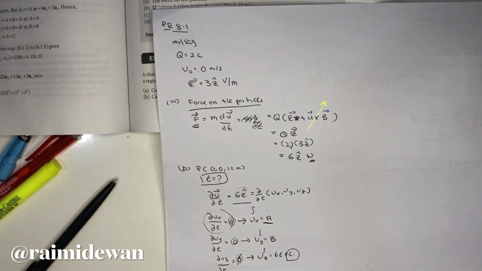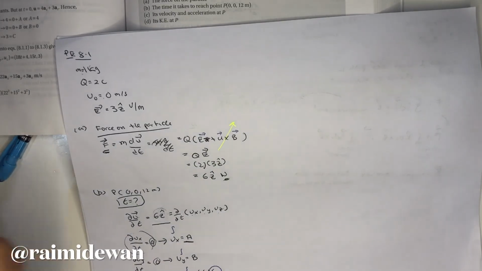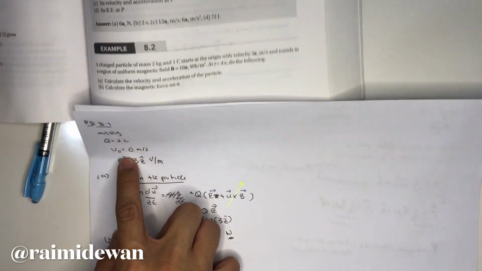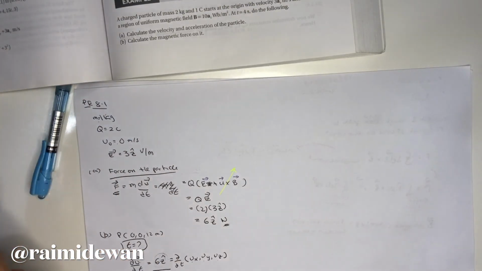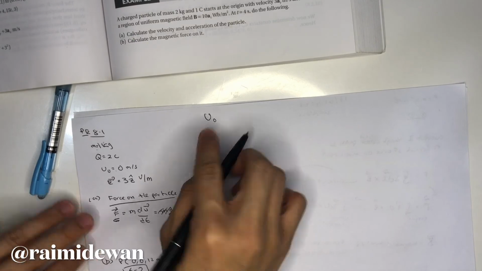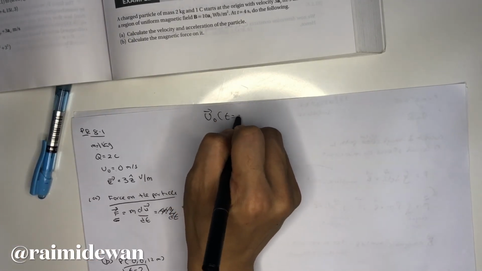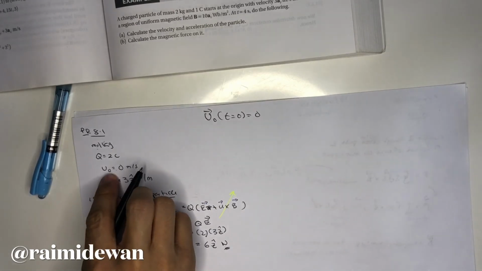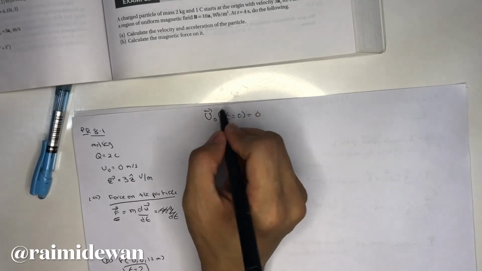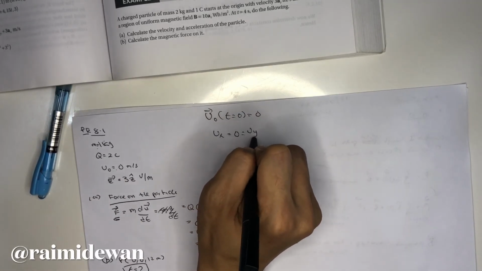Now, since it is given that u naught is 0, initially at the time of 0, it doesn't move, right? So ux is 0 and uy is also 0.